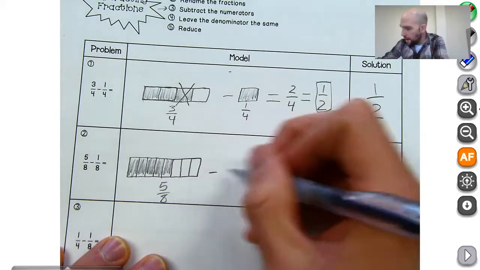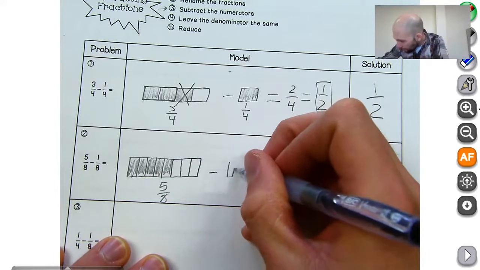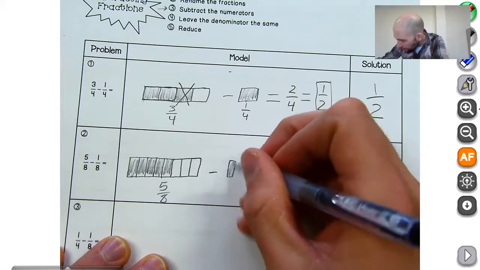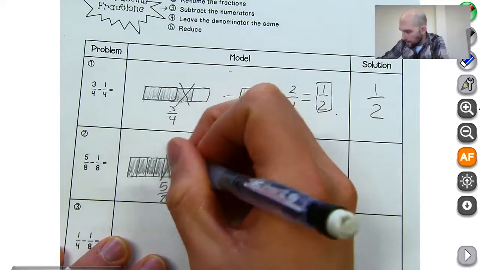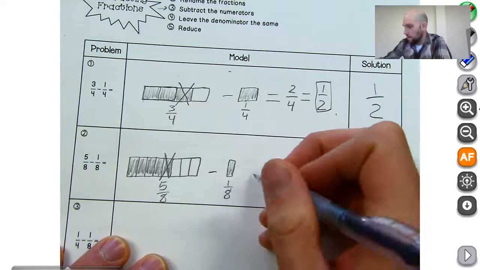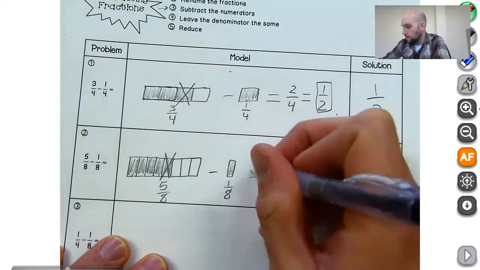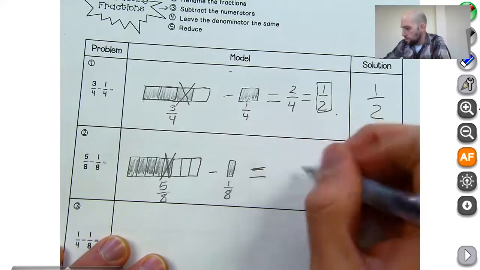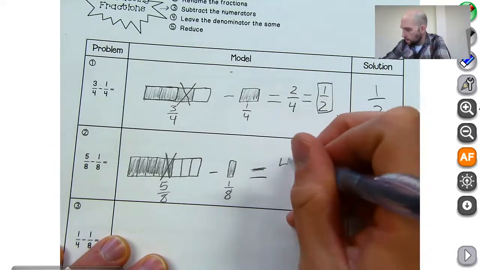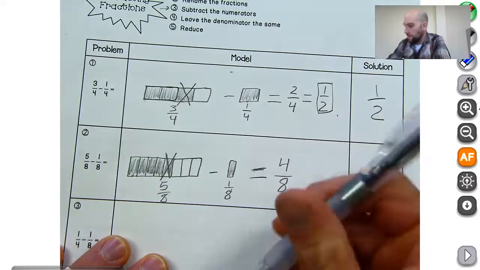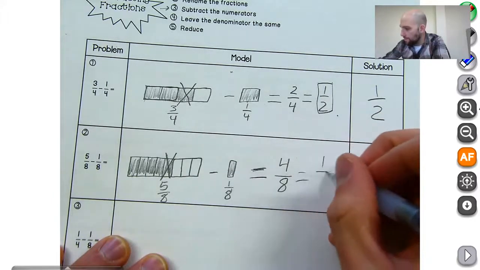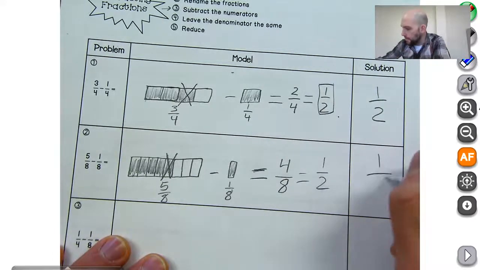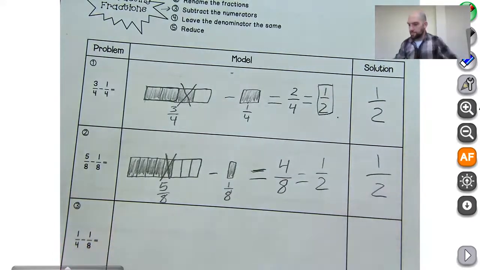And we're going to subtract 1/8. So I'm going to cross out one of my eighths here. And that will give us 4/8. And again, we have 4 out of 8 here. That's equivalent to 1/2. So again, our solution will be 1/2.